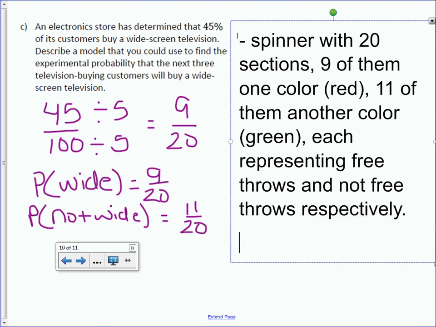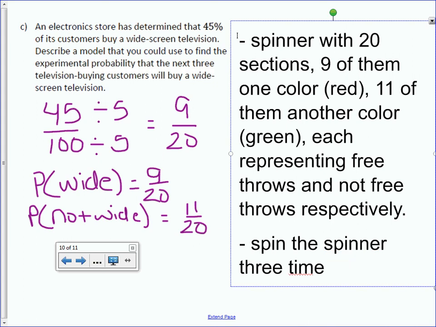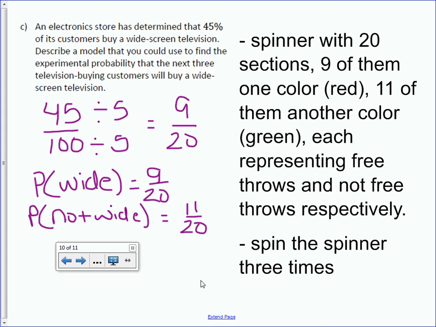Okay. Then we're concerned about the next 3 television buying customers. So then we could spin the spinner 3 times to see how many would be widescreen. And that's how we could find the probability.